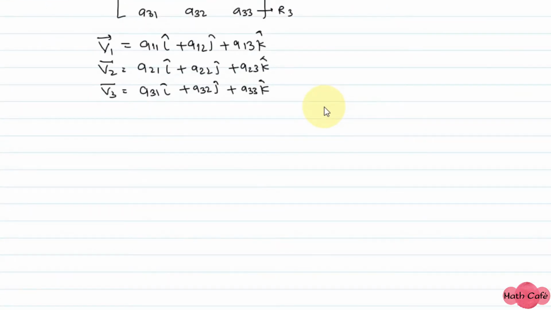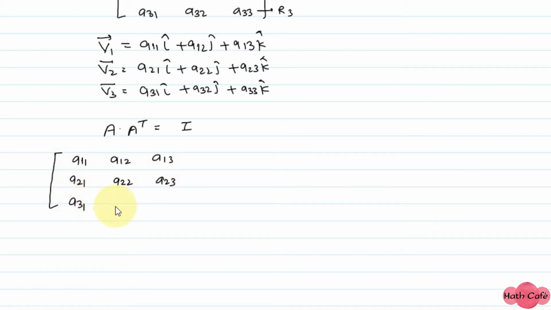So A into A transpose is equal to I. A is given to us as A11, A12, A13, A21, A22, A23, A31, A32, A33.